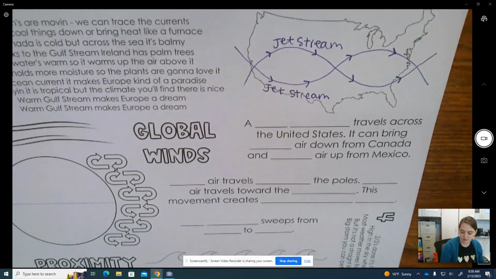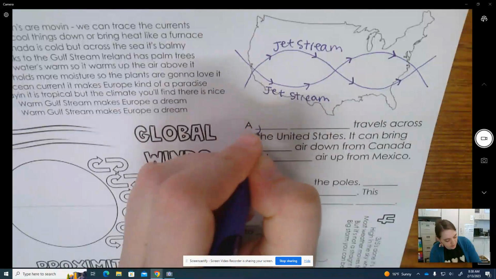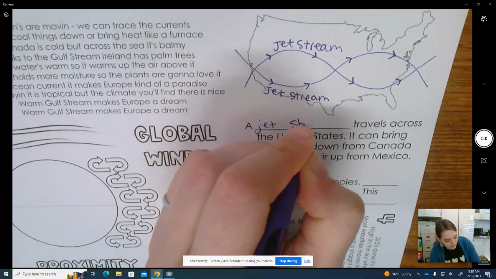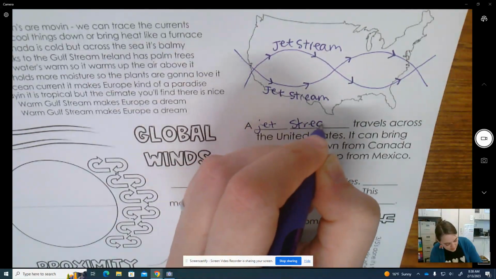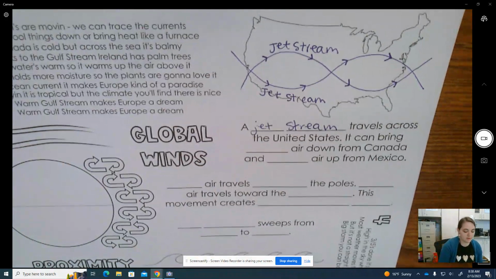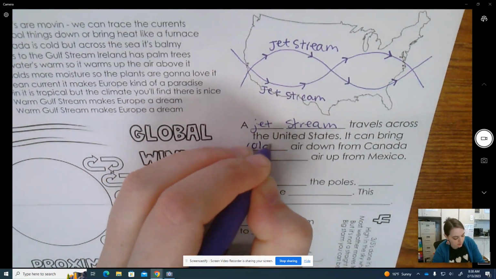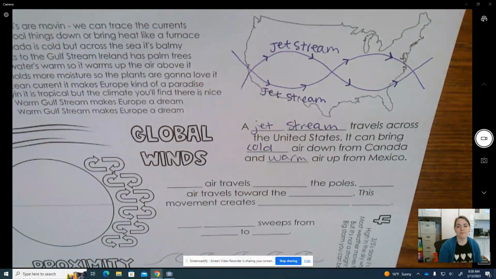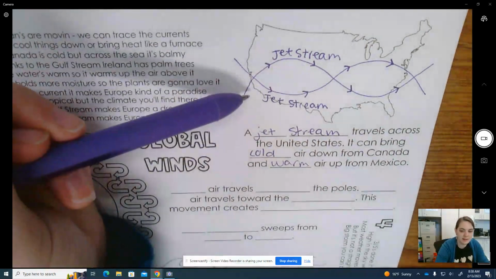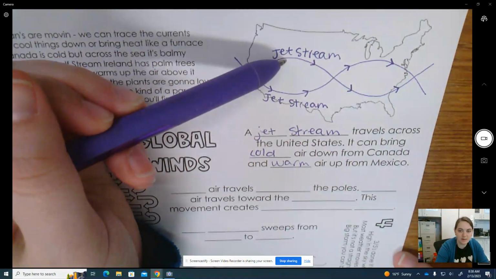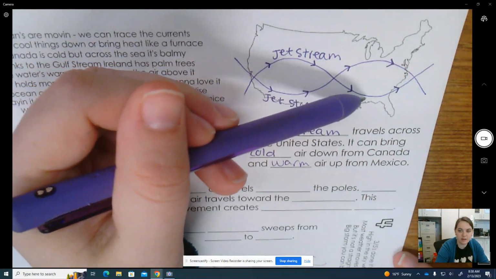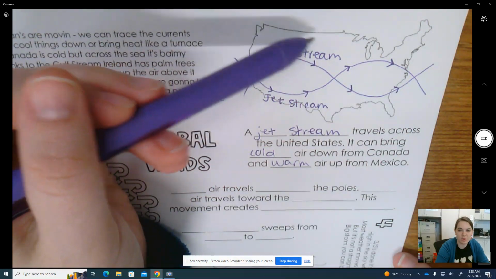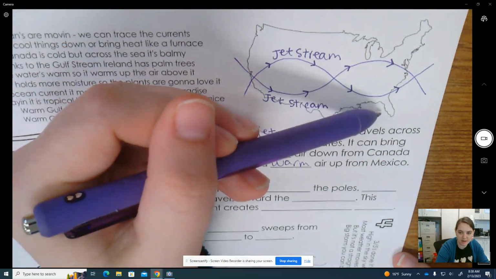Now a jet stream travels across the United States. It can bring cold air down from Canada and warm air up from Mexico. So if you see the pattern, if it's coming down like that, that means it's going to be cold air from up here coming down.